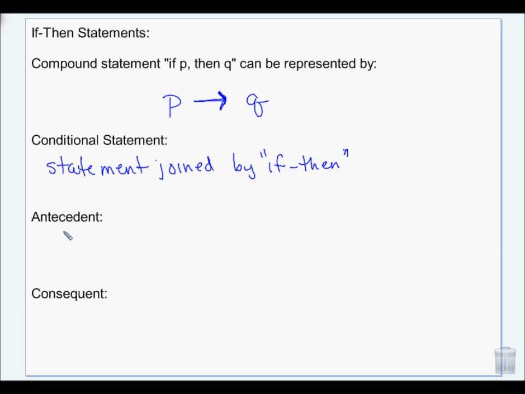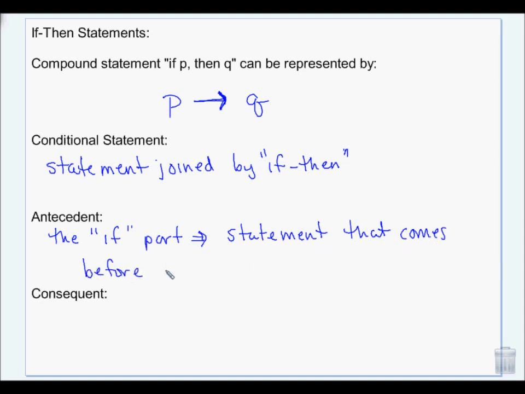The if part, that's the statement that comes before the arrow, it's called the antecedent, and it's the if part. So if you go to work, you go to work is the antecedent.